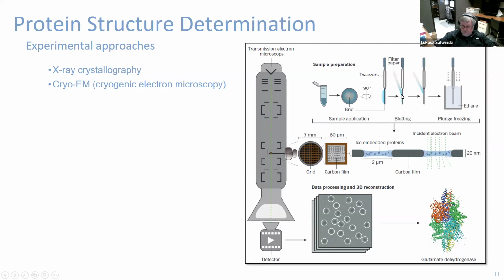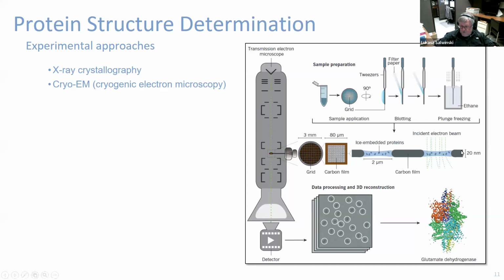You blot most of the solution away, and then you rapidly freeze it, typically by plunging the grid into liquid ethane, cooled by liquid nitrogen at around minus 80 or so temperature, or even lower, and then the water in your sample rapidly freezes without forming crystals, and then traps the individual molecules of interest within the frozen so-called vitreous ice.